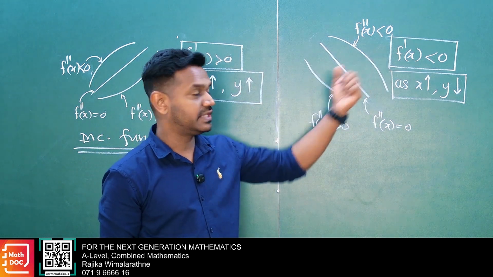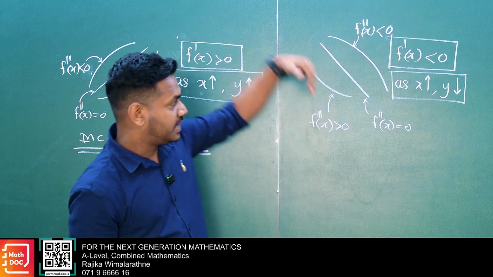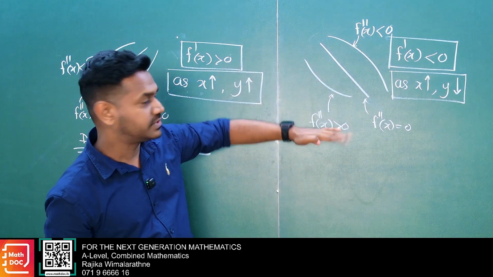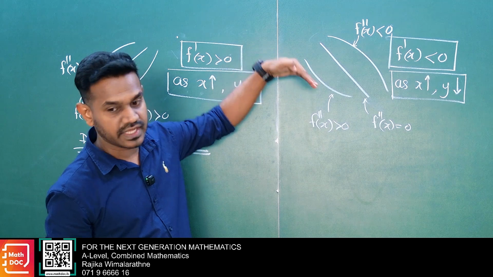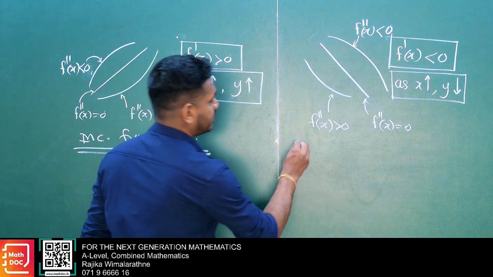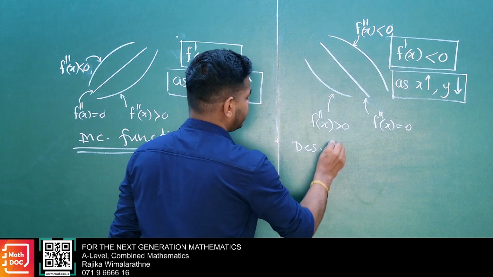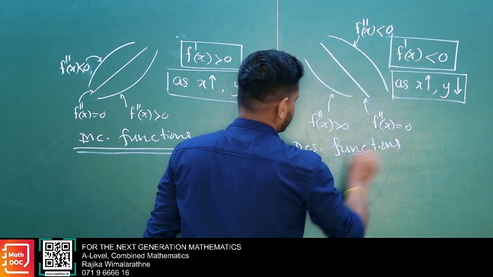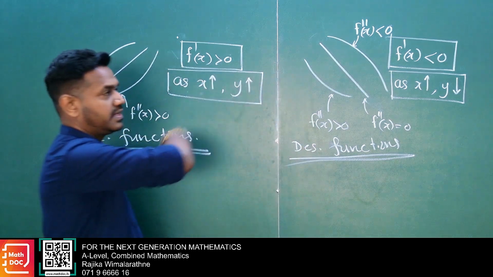Then here concave up, concave down. Concave up, positive second derivative. Concave down case, negative second derivative. Okay. Put them. Write them.